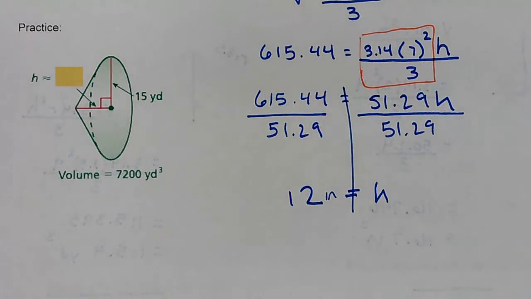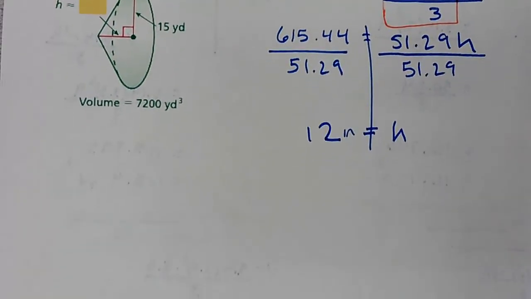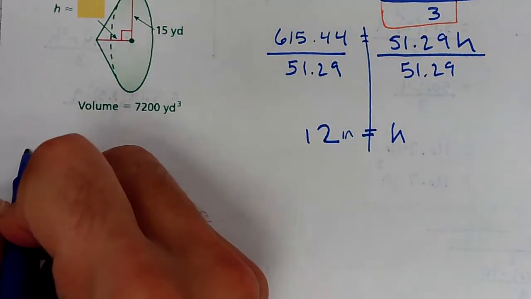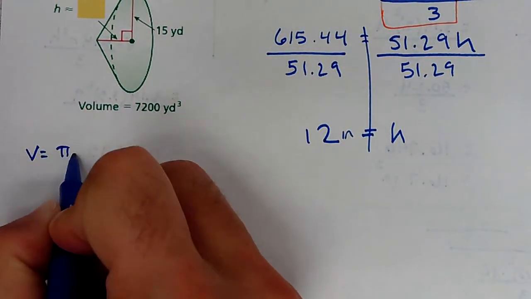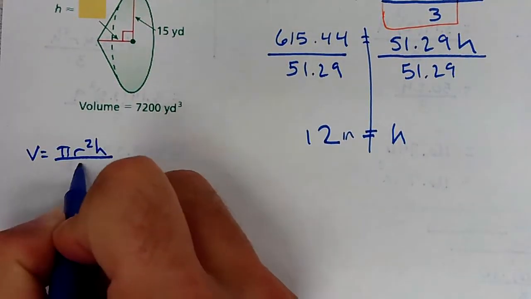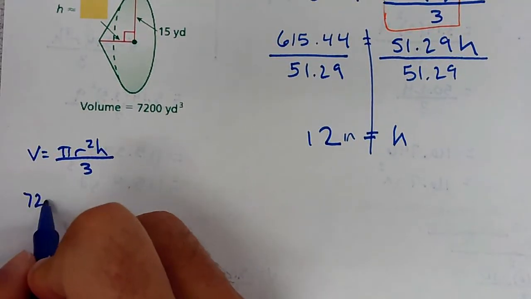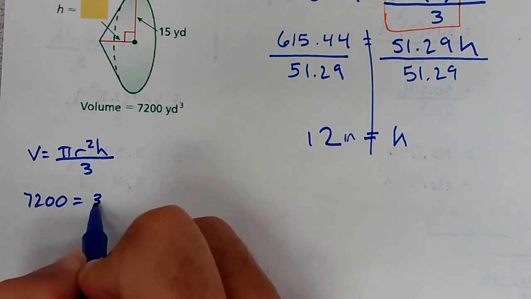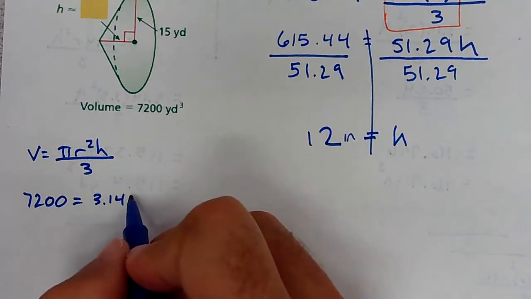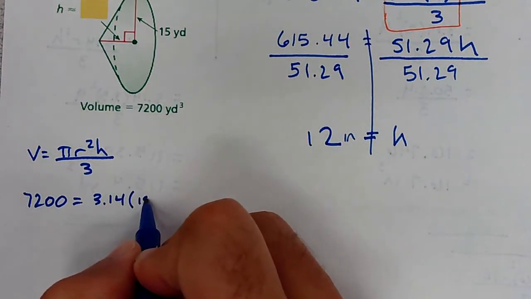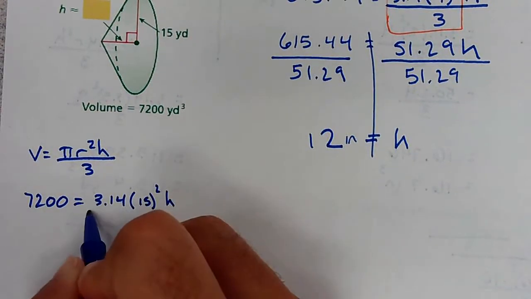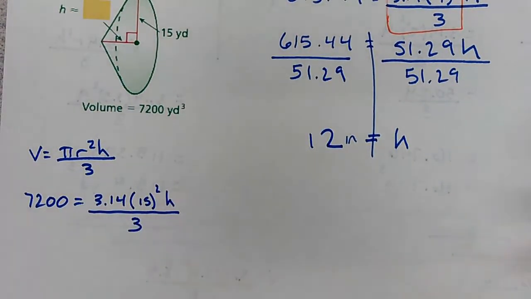If you want to stop now, you can try this practice problem on your own and then resume when you're ready. Volume equals pi r squared h divided by 3. 7,200 equals 3.14 times 15 squared h. Divide that by 3.